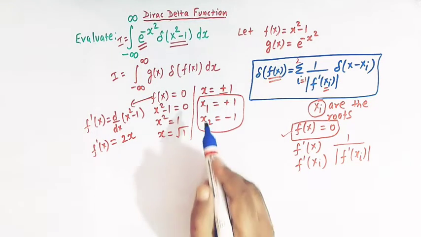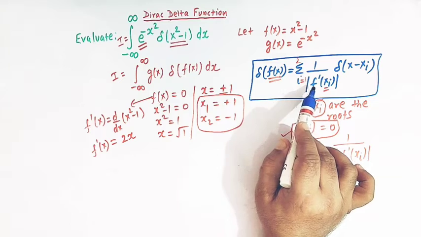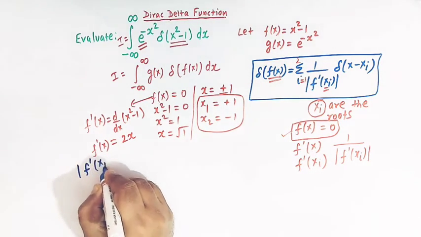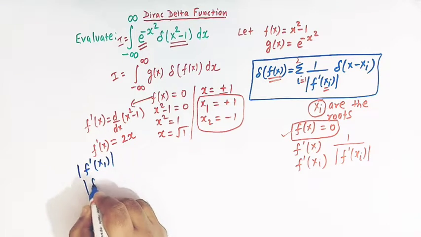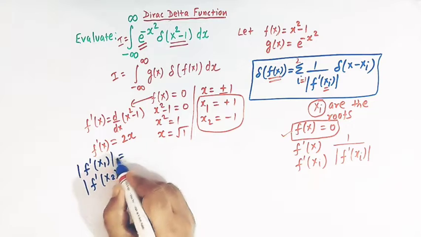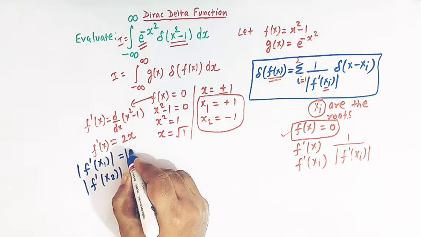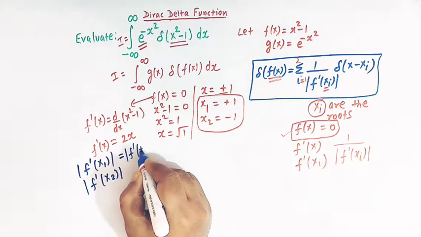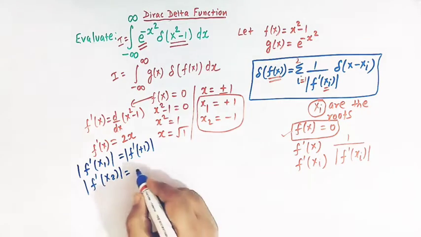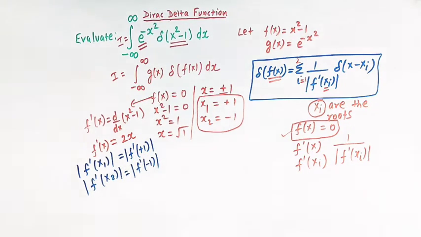Now let us find the quantity mod of f prime of x1 and mod of f prime of x2. So mod of f prime of x1 is mod of f prime of plus 1, and mod of f prime of x2 is mod of f prime of minus 1.